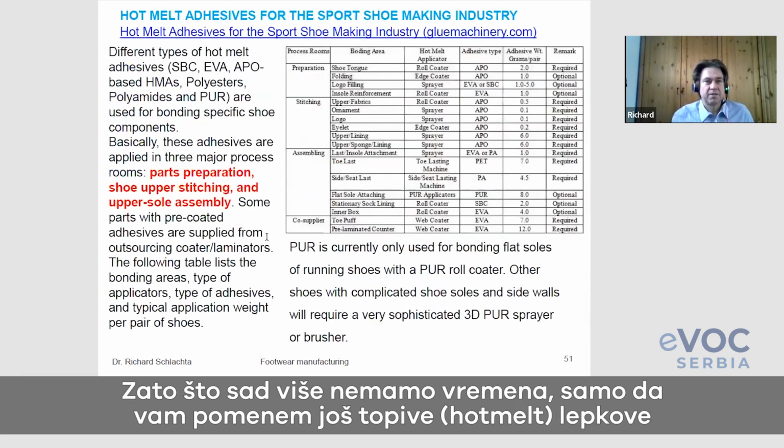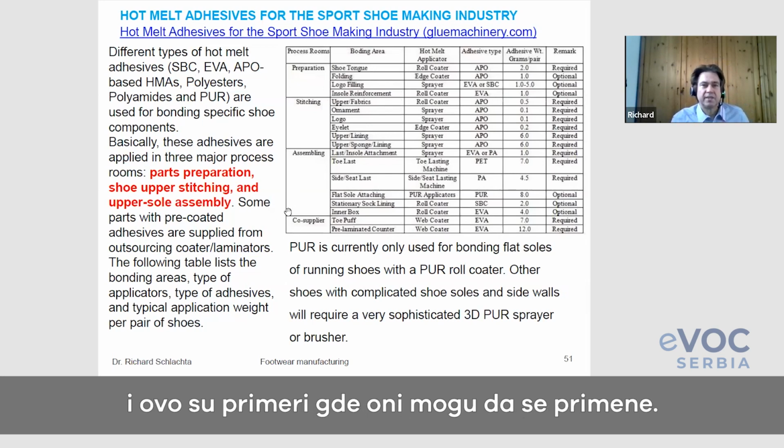Just because the time is now very short. Hot melt is a very important glue, and it is solvent free. So here is an example where hot melts can be applied.